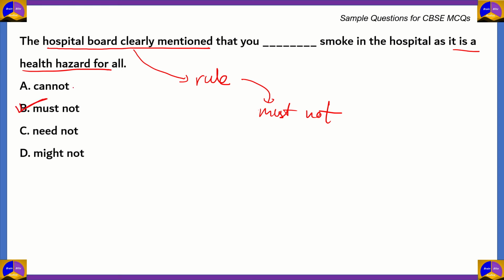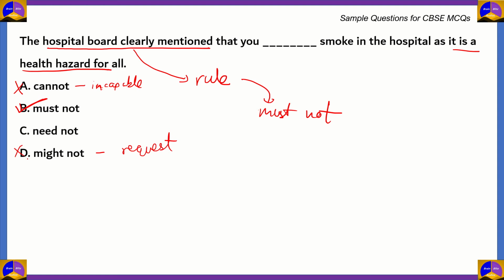If you look at option A, cannot means something that we are incapable of doing, which is not correct, because you can smoke anywhere as long as you put your mind to it. So therefore cannot is not the correct word that the hospital board mentioned. It has to be must not. So option A is incorrect. Option D says might not, and that means the hospital board is requesting people.